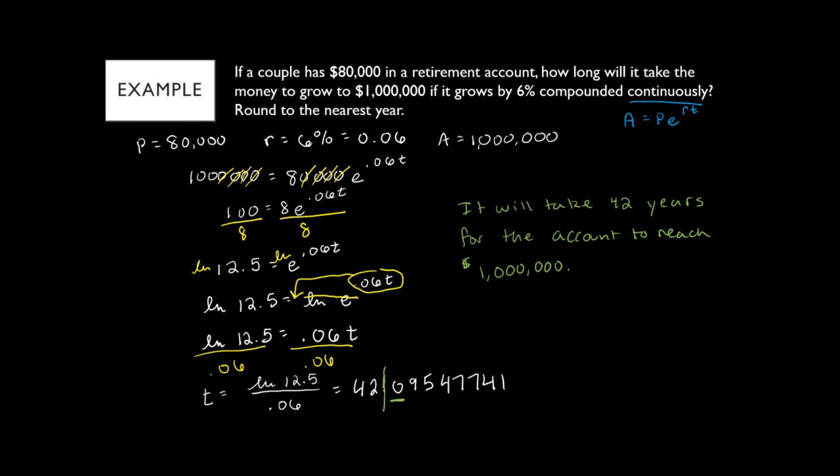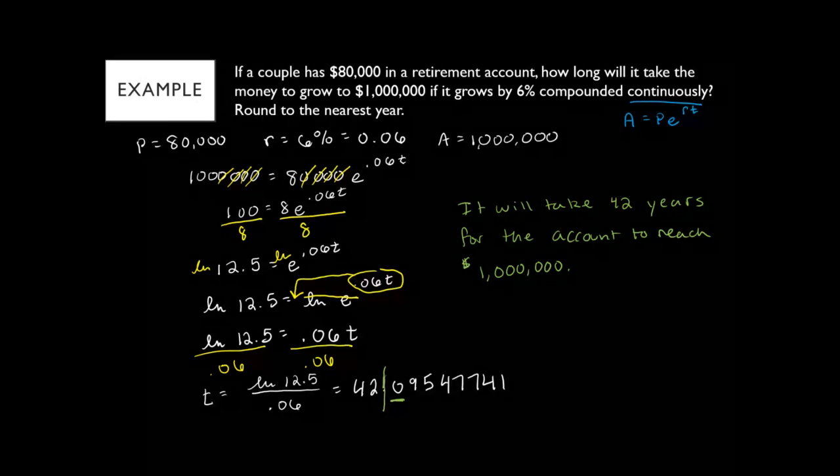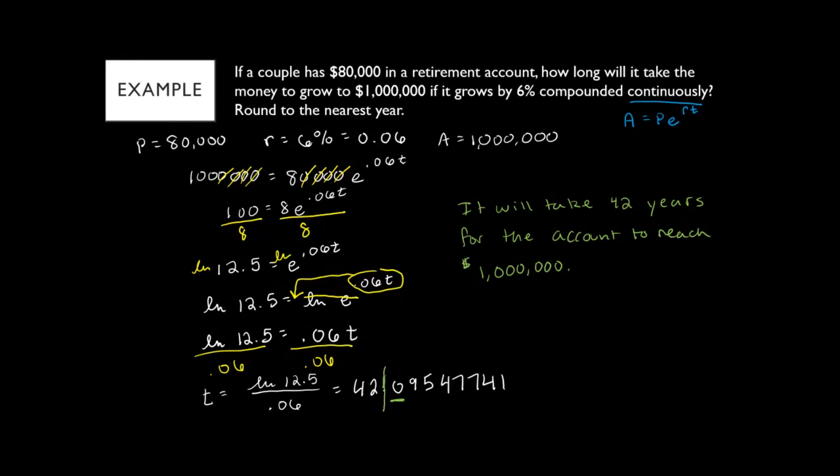And that is a very long time. If you want to retire at 65 and you know it's taking 42 years, you need to put in that much money immediately. This situation is if you put money in once and you never put any more money in, and it is only getting that interest, it will take 42 years.